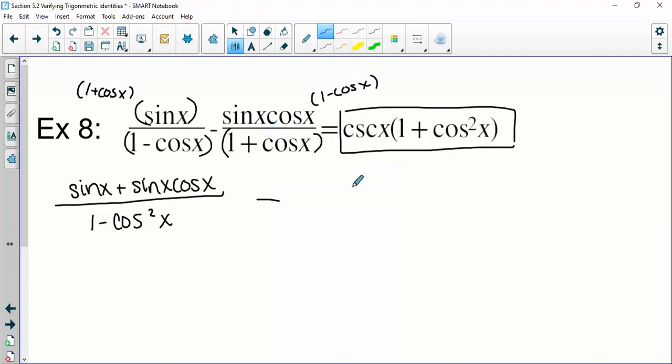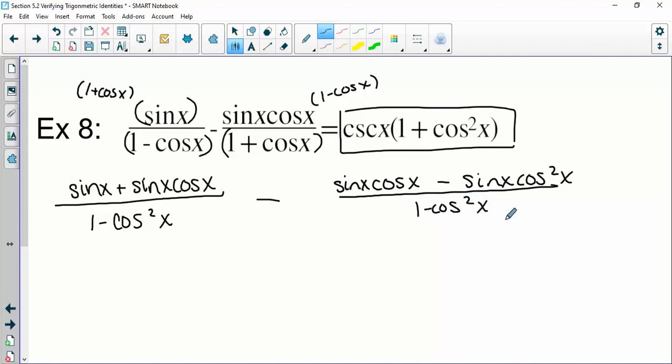In this fraction, we get sine cosine minus sine cosine squared over 1 minus cosine squared.